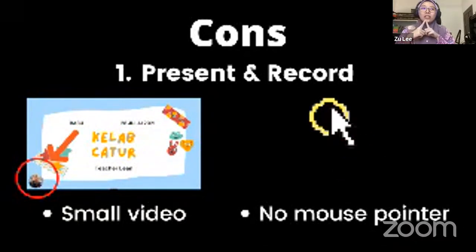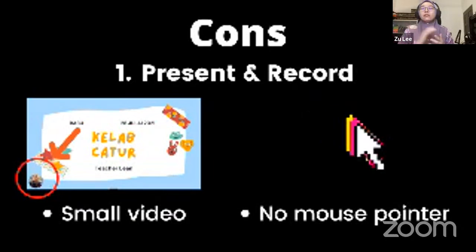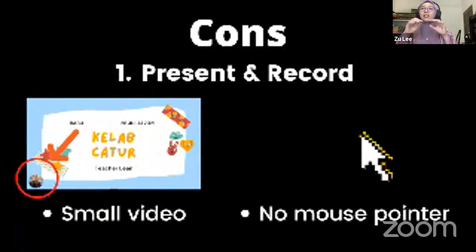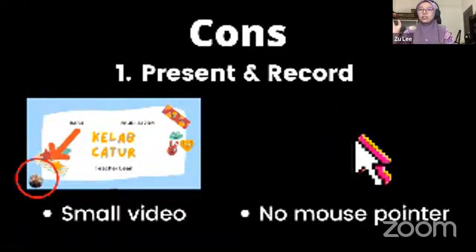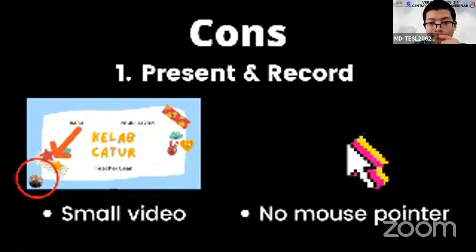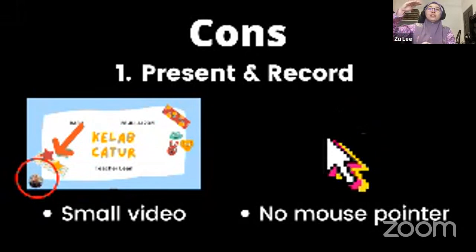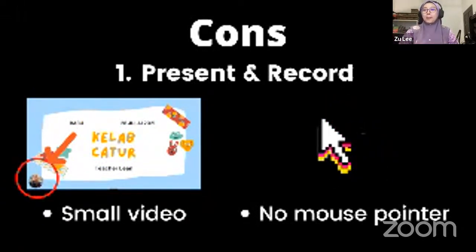So an alternative that a lot of teachers do is they export it to PowerPoint, and then they record themselves on a different software like OBS, so that they can control the size of the video so that the teacher will look slightly bigger.